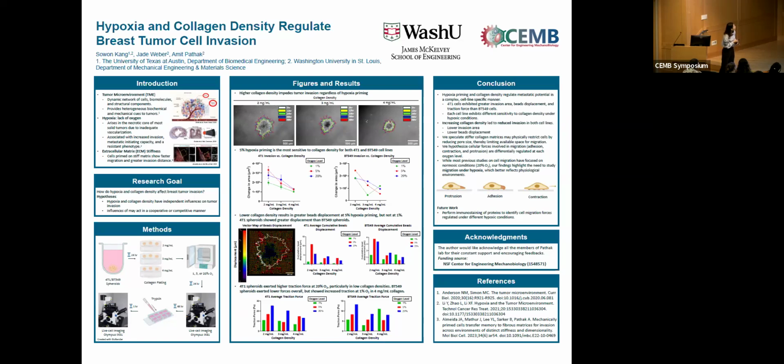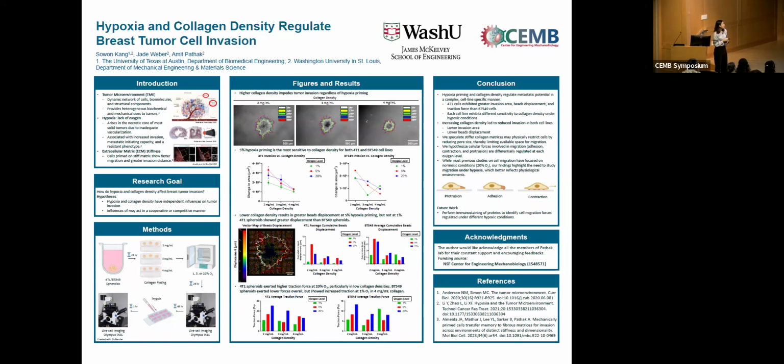That's the red graph here. For 4T1, the 5% hypoxia had the greatest bead displacement, and also for BT549, the 5% hypoxia had the greatest bead displacement as well. Again, this is a similar trend that we saw from the area. So this leads us to think that maybe hypoxia is affecting the invasion in some density-dependent manner, because this trend is only occurring at 2 mg/ml, the lowest collagen density.